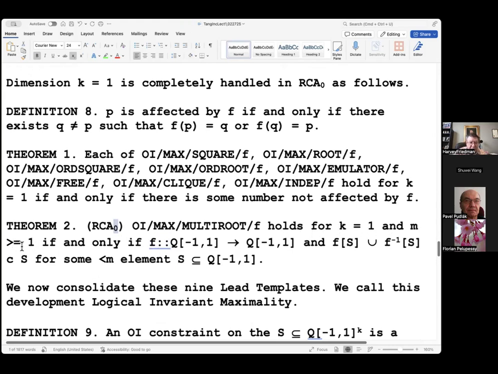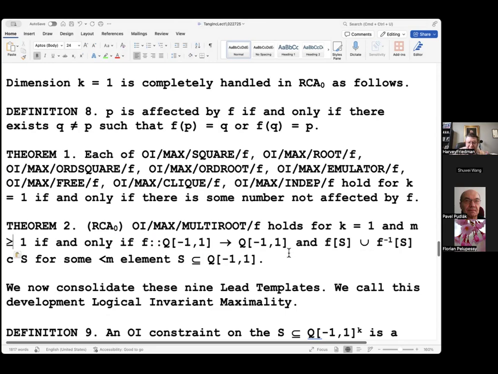The multi-root thing holds for k equals 1 and m greater or equal to 1 if and only if F has the property that the forward image and inverse image of S under F is contained in S for some less than M element S. So you have a necessary and sufficient condition when this holds for k equals 1.